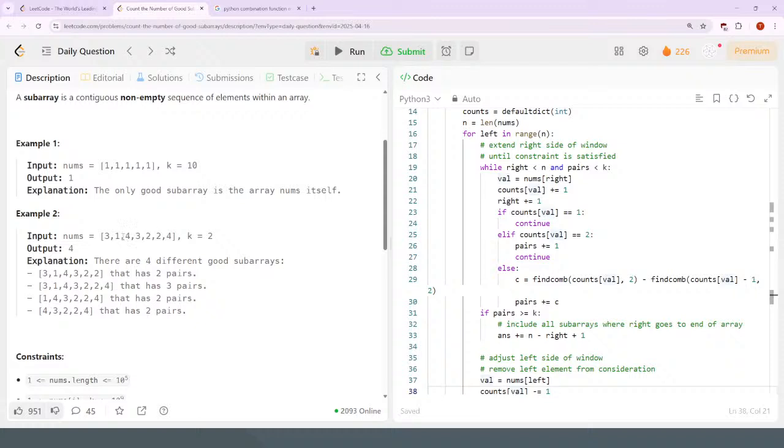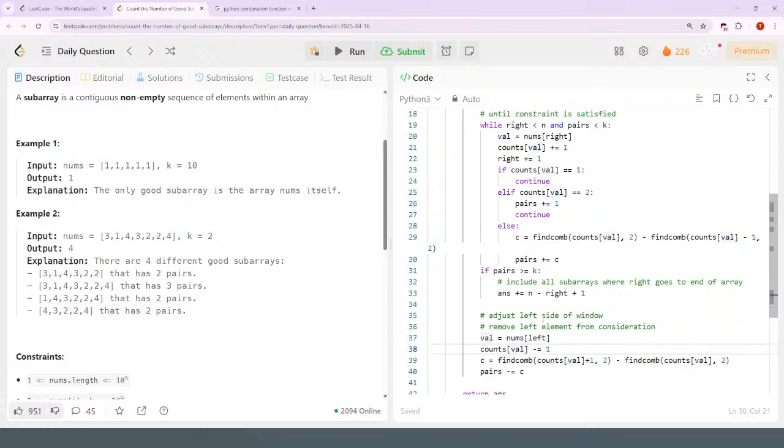The whole point of the window is the left side is the fixed marker for each loop. You see how many subarrays start with that left side being at that spot.